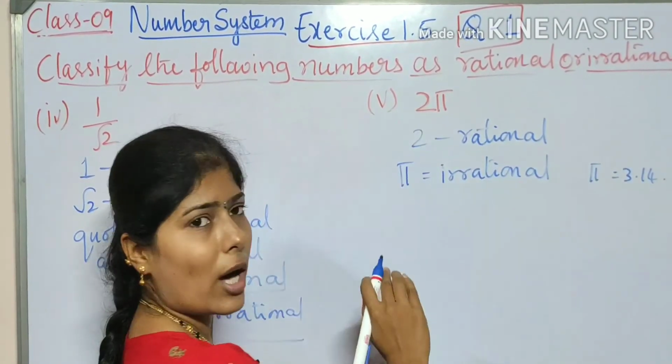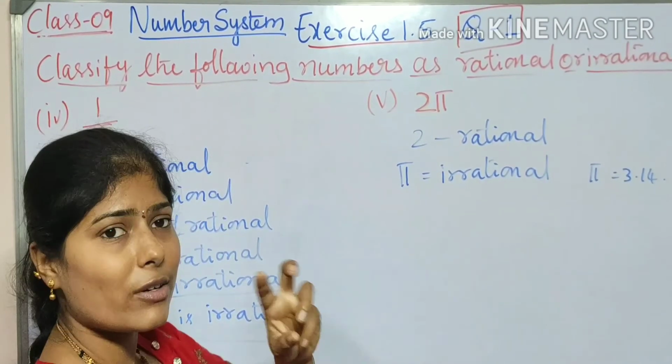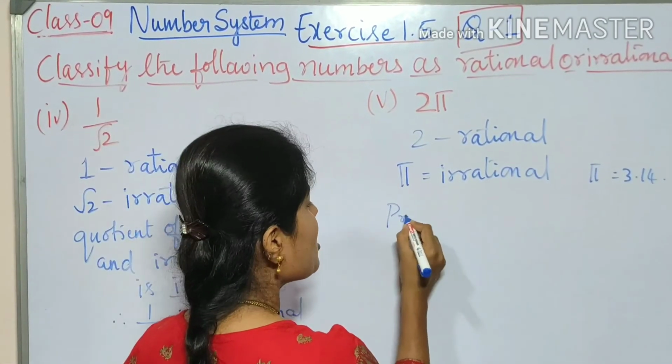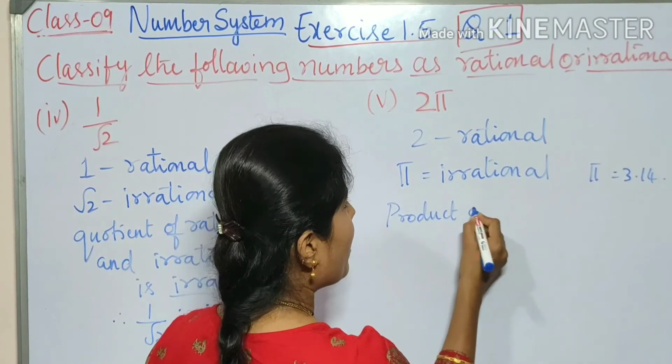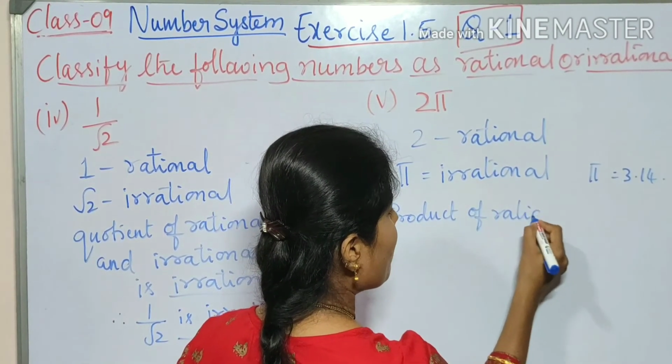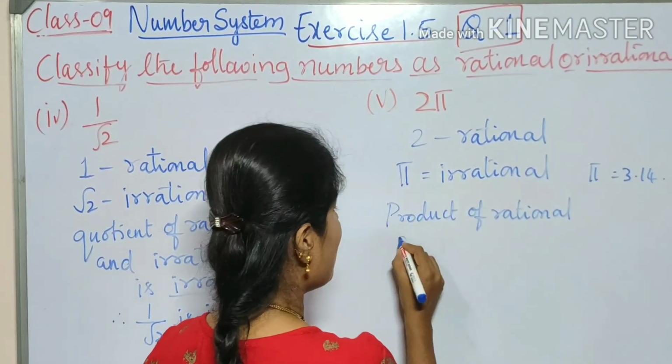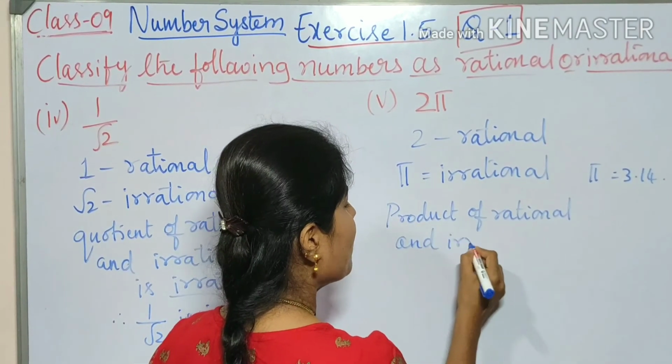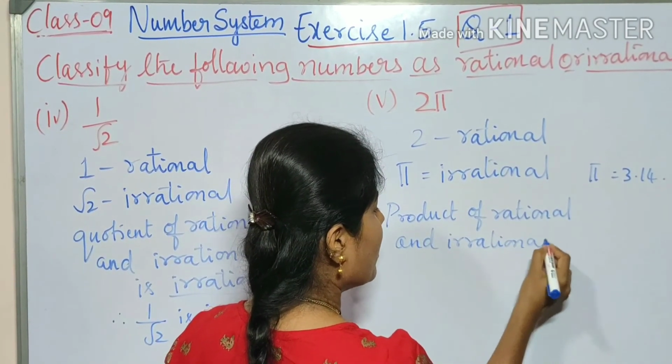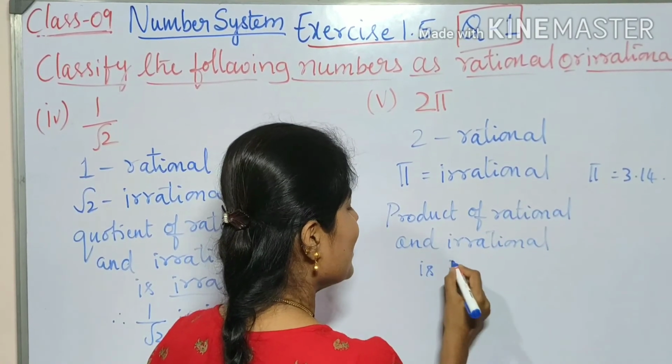Here these two are a product, multiplication. What is our point number 2? The product of rational and irrational is irrational.